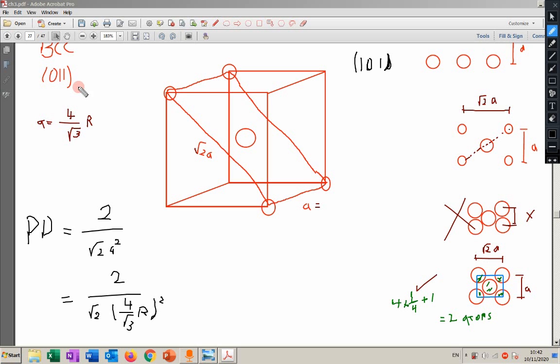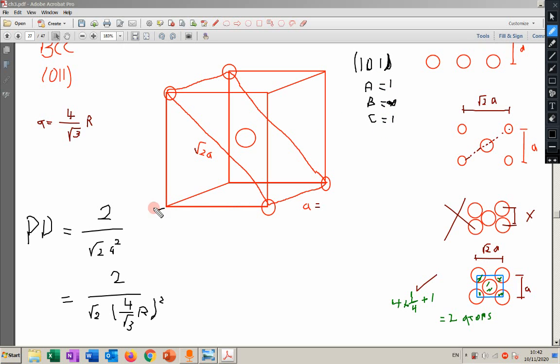This is the same family, but let's prove it to see whether it actually will be the same or not. If I want to draw this plane, the intercepts: 1 over 1 will be 1, 1 over 0 will be infinity, 1 over 1 will be 1.